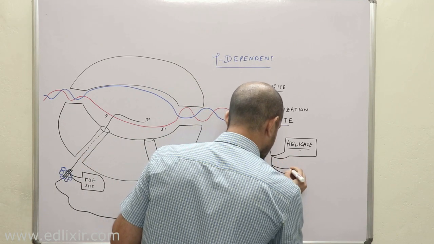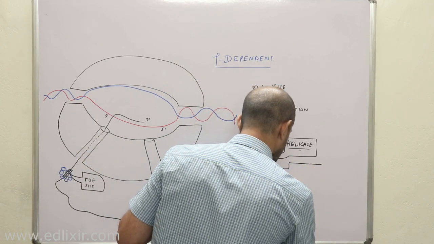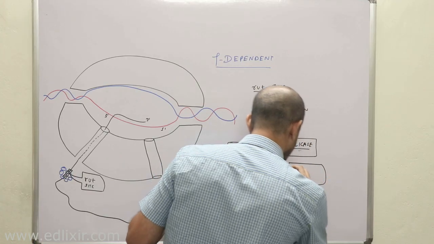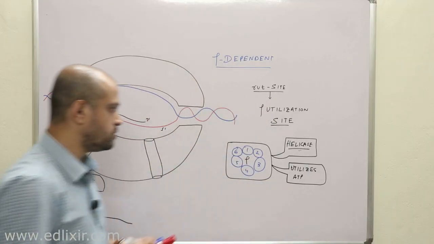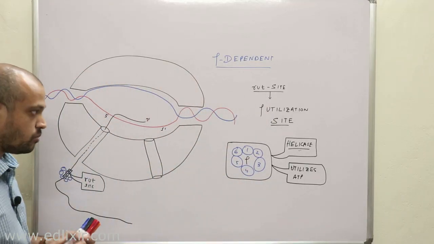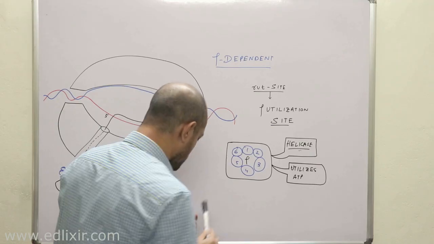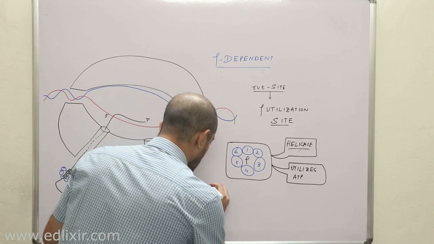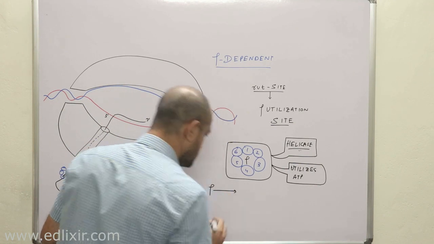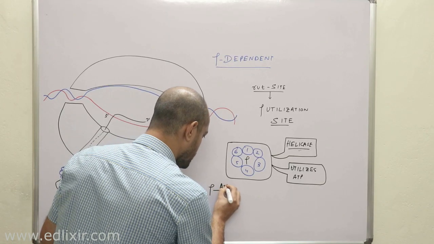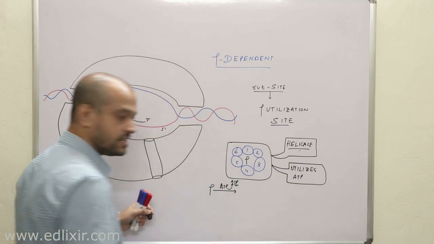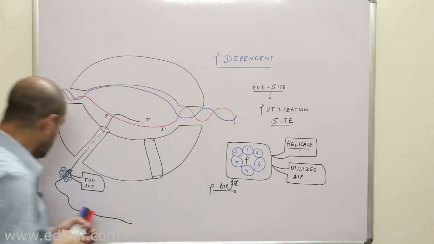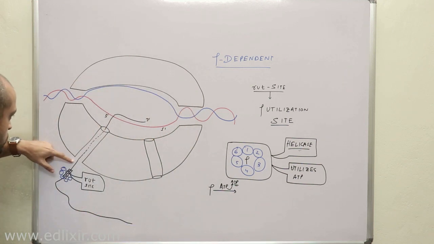These are its characteristics. This Rho protein is utilizing ATP to move towards the RNA.